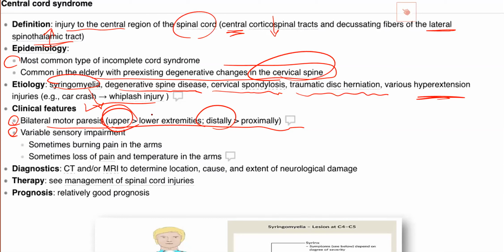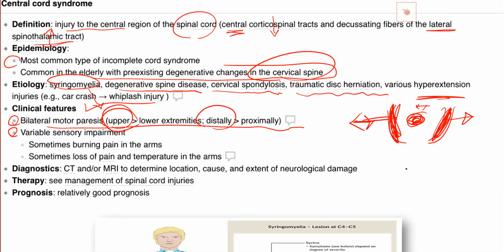Because the leg fibers are more lateral, and the injury is central. The leg fibers are located laterally, so there is disproportionate involvement. The arm fibers are more medial, so the arms are affected more than the legs.